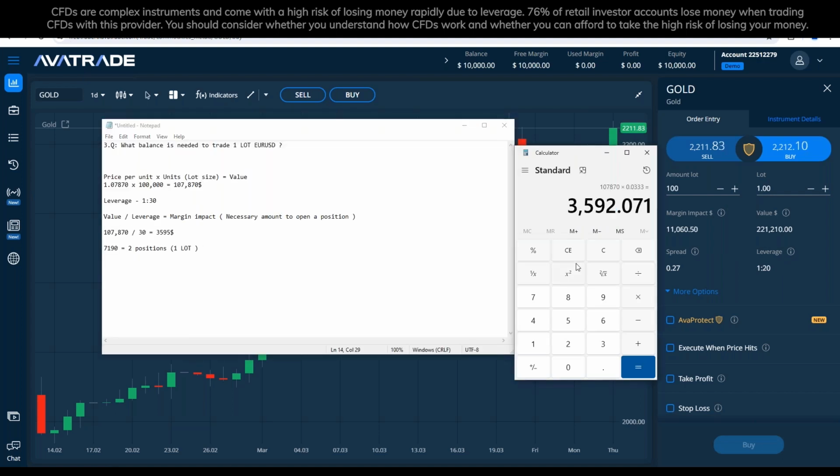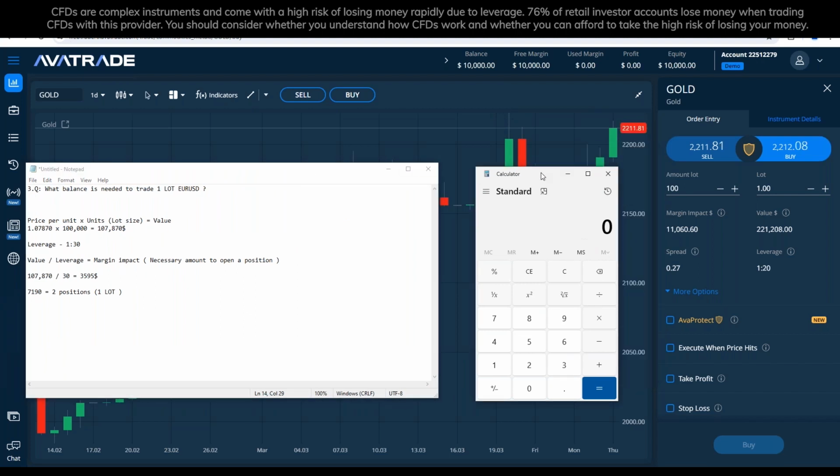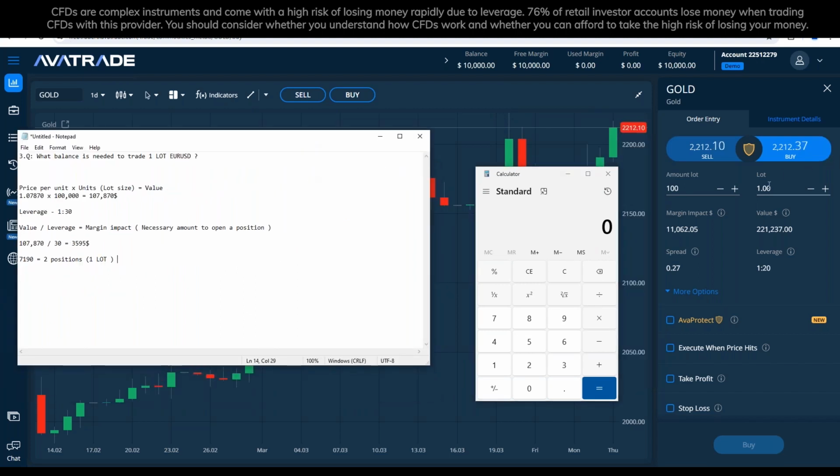I'm just showing you so you will know that it works with any other asset. So you see 1 lot in this case equals 100. We're going to take the price 2200 multiplied by 100, so that's 221,100.